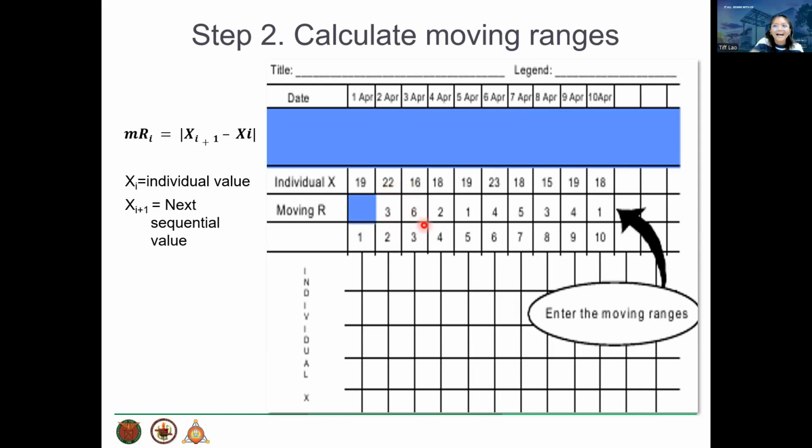So, kaya 6. Again, absolute value ha. Pag may nakita na nag-negative sa moving range, absolute value lang siya. Consecutive difference, absolute values. 3, 16 minus 20 to absolute value yan, 6, 18, 16, you have 2, and so forth. Clear naman siya.